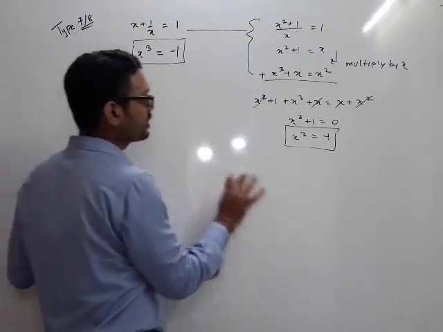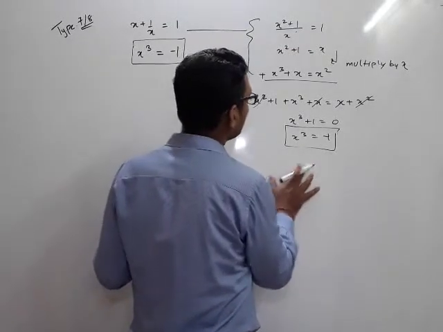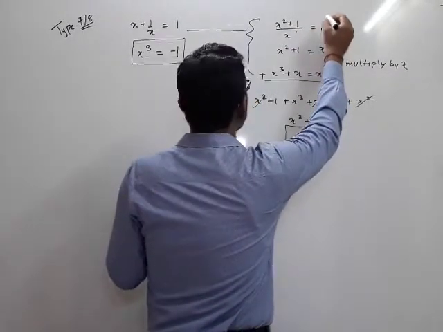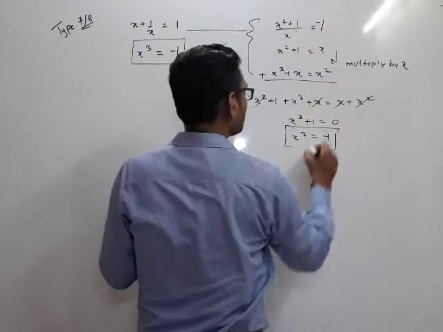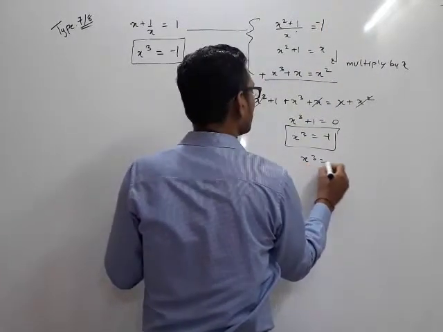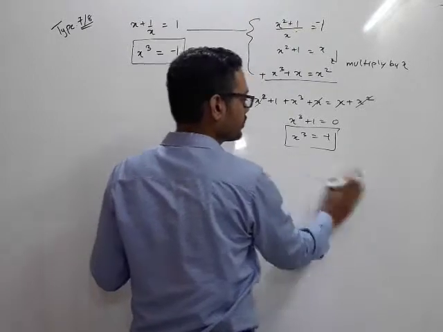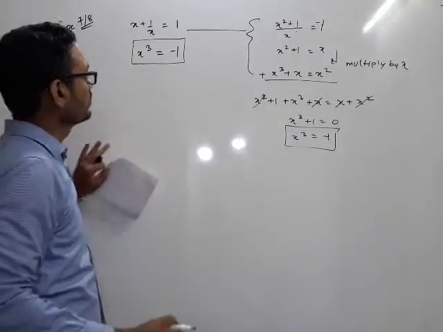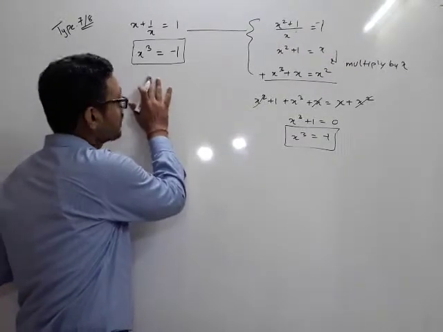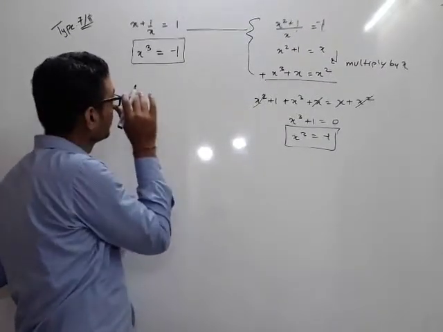Now same thing, if this had to be minus 1, it will become x cube as 1. This we'll see once we are doing that. So whenever you see x plus 1 by x is 1, you have to remember that x cube is minus 1.